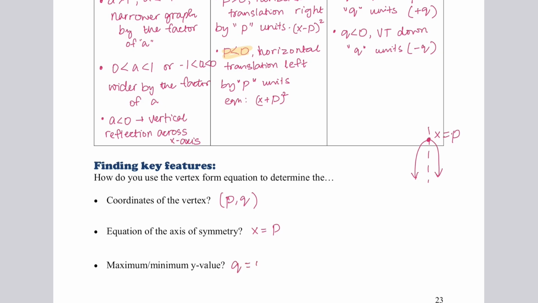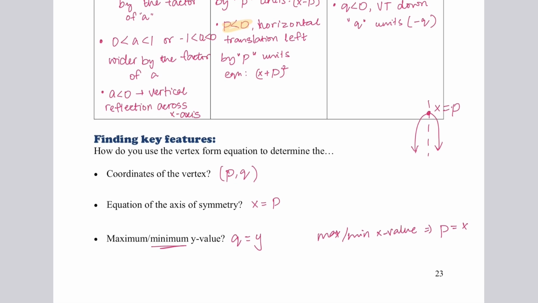Y is equal to q will be our max or min y value. If you're looking at max or min x value, that would be x is equal to p. Okay? Questions? It's just a review from last class.